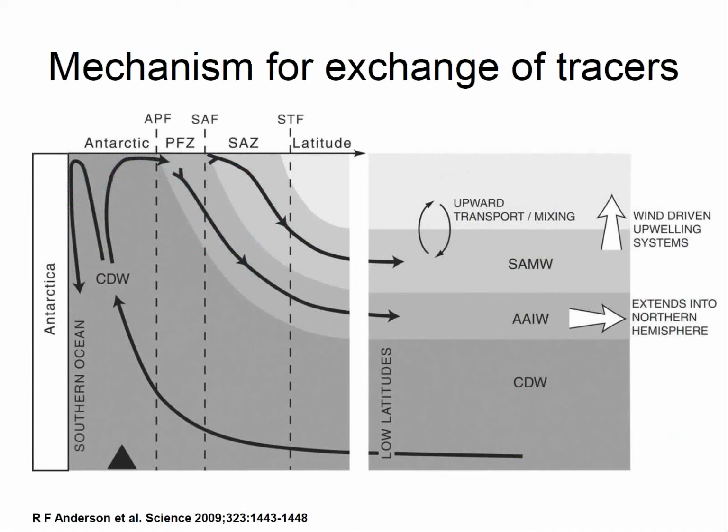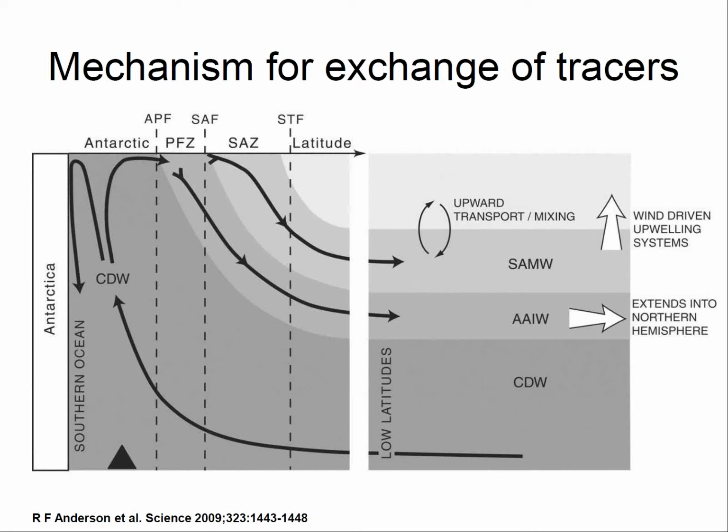And so some of the mechanisms to explain this. We have the deep water going south, and here in the Southern Ocean, close to Antarctica, we have the upwelling in those regions, and this is related to outgassing of CO2. And then after that we have the formation of the mode and intermediate water.